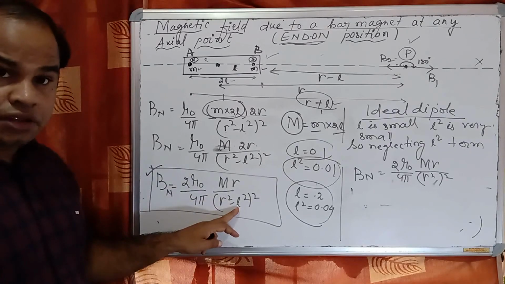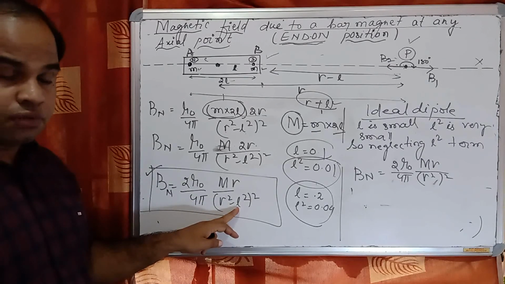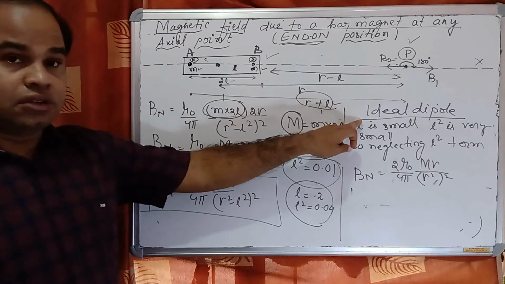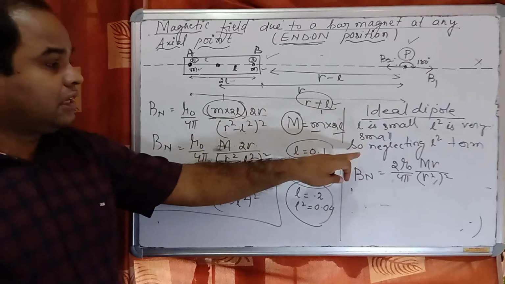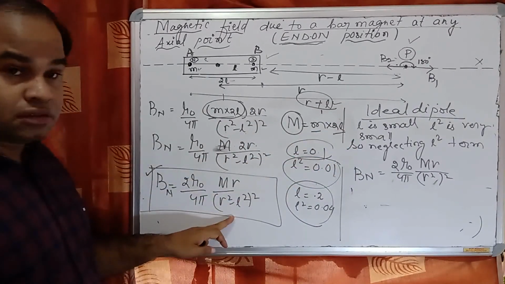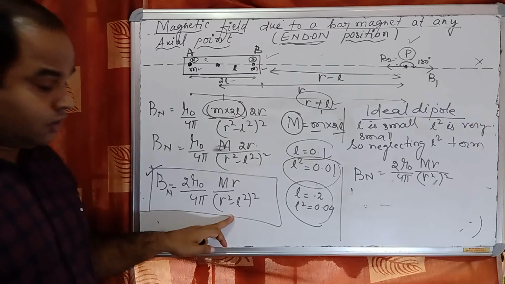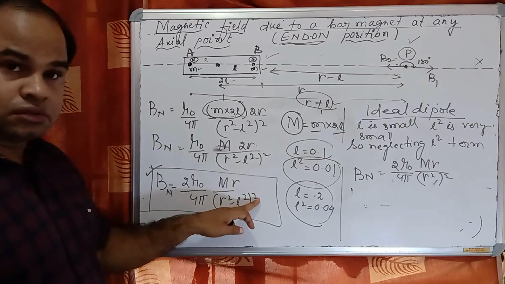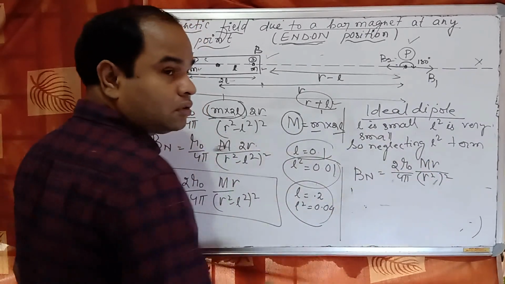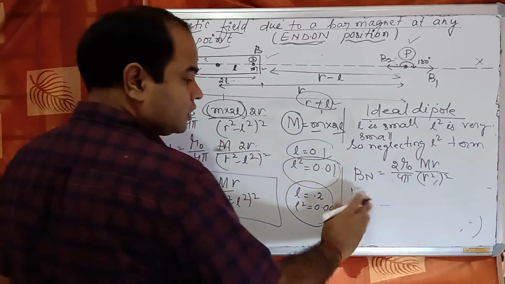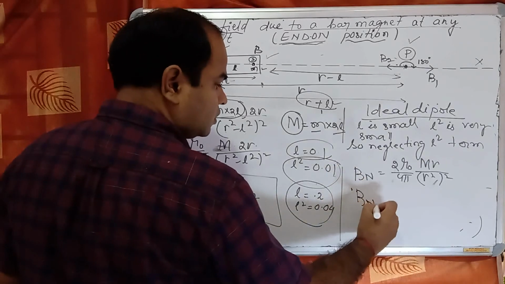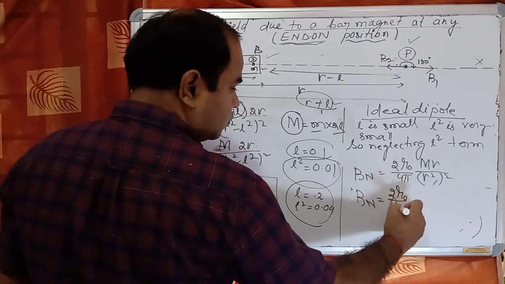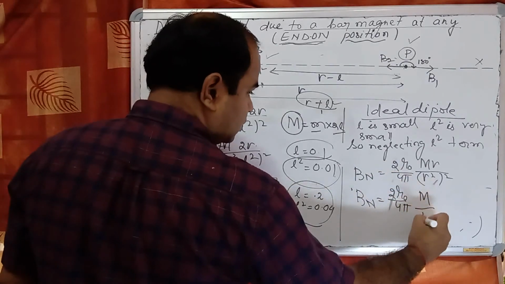Since L square is neglected, what remains is r square of whole square, that is r fourth, and one r cancels. So Bn is equal to 2 mu naught by 4 pi m by r cube.